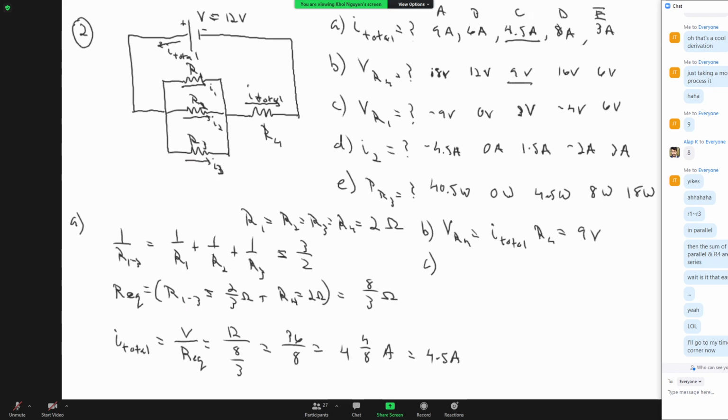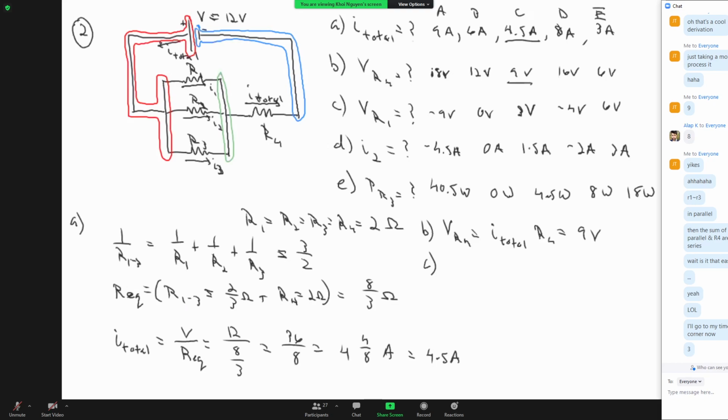So if we know that to go from here, this is cool, to here was 9 volts, and this started as 12. 12 minus what equals 9? 3.